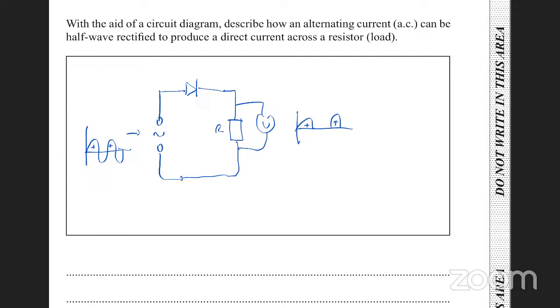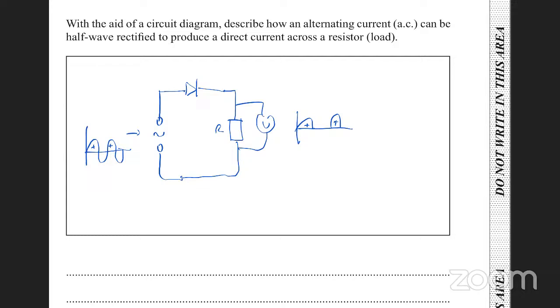Right, so during the positive direction, it is forward bias, and during the negative direction, it is reverse bias. So no current will flow during the negative part of it, right? I'll write it down, Jacob. All right, so remember, it conducts during the forward bias, which is the positive part of the cycle.